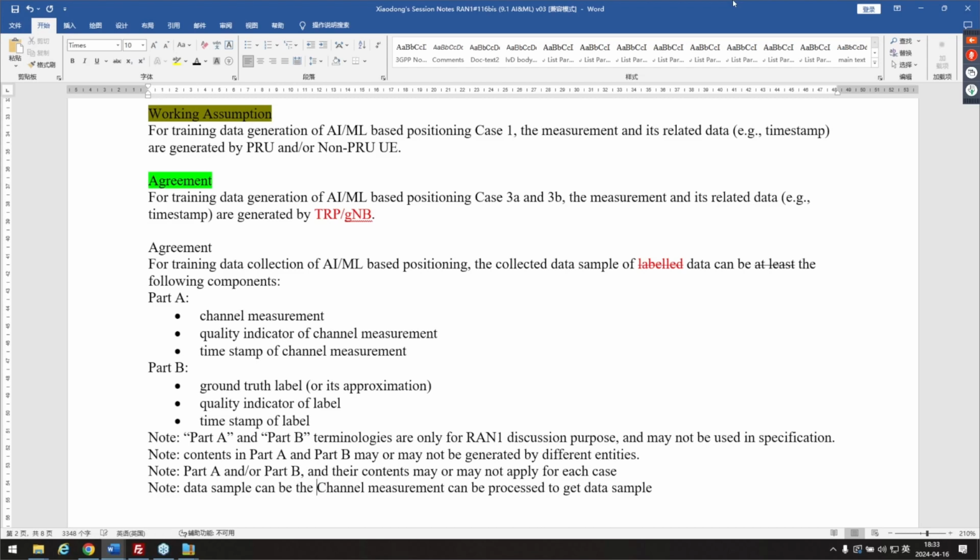That one, we don't want it to be data sample. We want to do whatever optimization can be done to save the overhead of transmission or the storage of this data. Is that clear? The technology to do the processing may or may not be specified. But the point is, we don't want the raw data to be data sample. Is that clear, right?